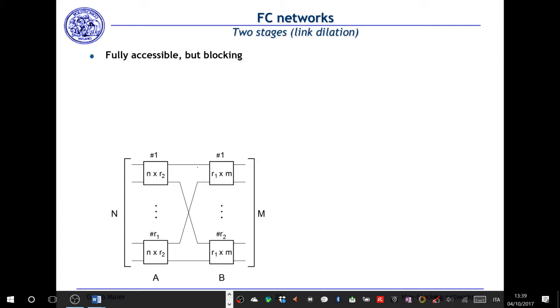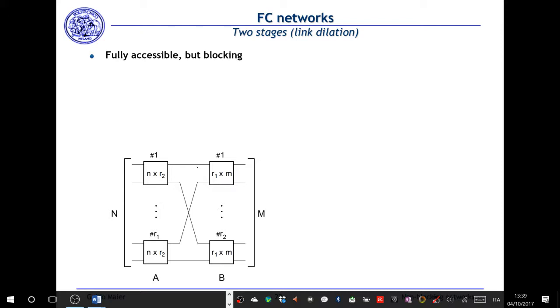And now the question is, what is the maximum number of connections that we can set up from this matrix of the first stage to a specific matrix of the second stage? Clearly, the maximum number of connections is the minimum between small n and small m, where small n is the number of inlets of each matrix of the first stage, and small m is the number of outlets of each matrix of the second stage.